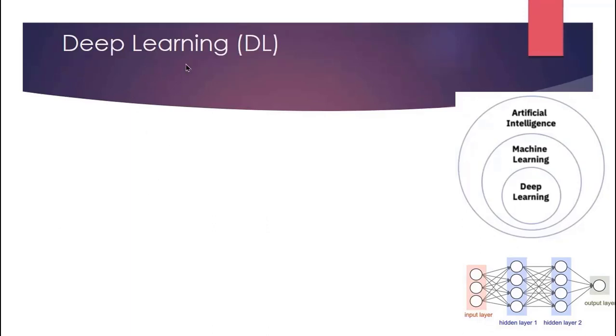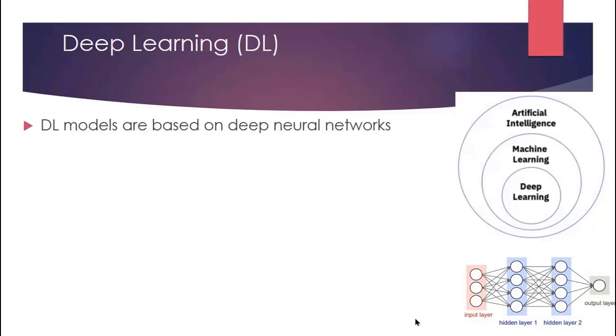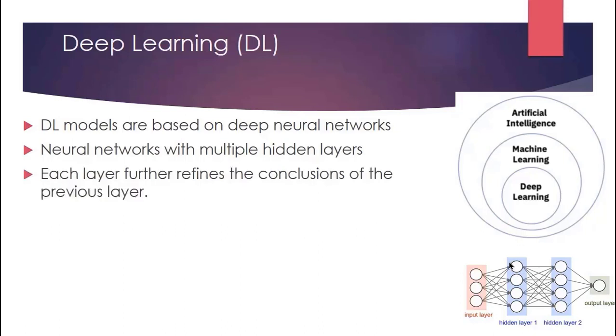So far, you have learned that deep learning is a subfield of machine learning, and machine learning is a subfield of artificial intelligence. Deep learning models are based on deep neural networks. Deep neural networks have multiple hidden layers. Each layer further refines the conclusions of the previous layer.